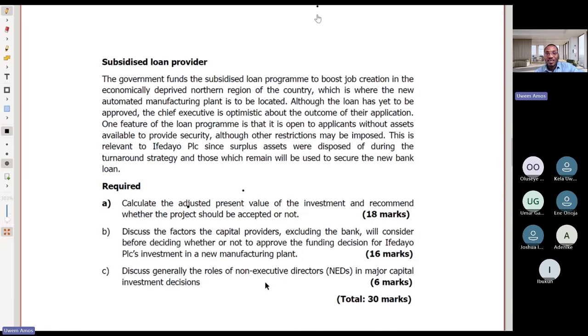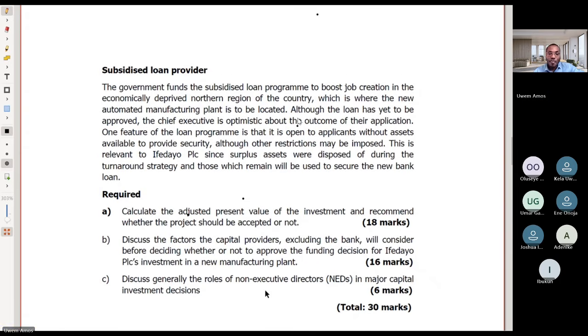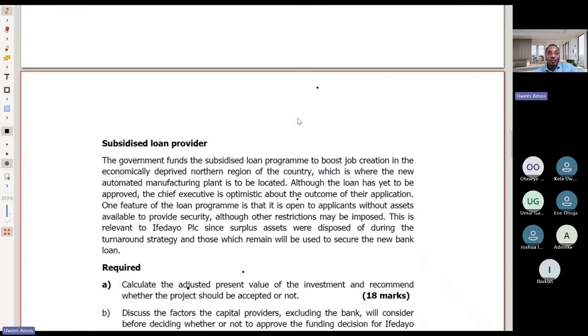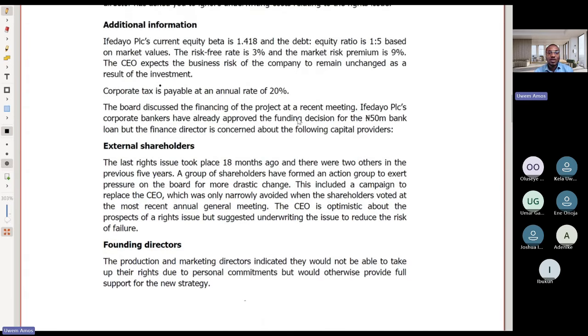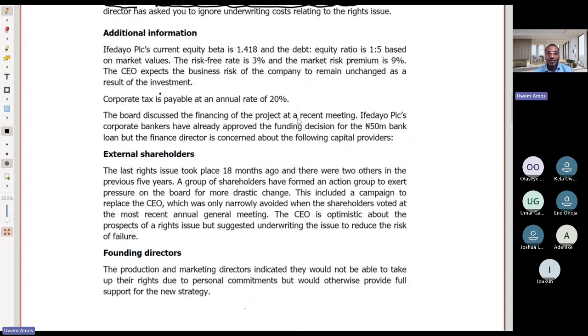All right. So that's the question. Let's analyze our question, and then we begin to solve it. So the first part is to calculate the APV and recommend whether or not we should accept. The B part is on the capital providers. So the part that speaks to the capital providers will be from here.